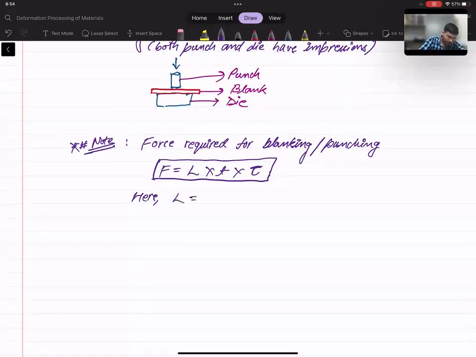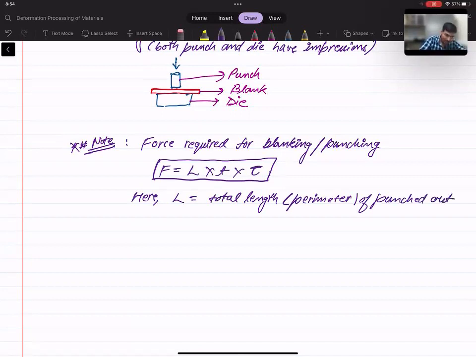L is the total length, the perimeter of the punched out part. T is the thickness.